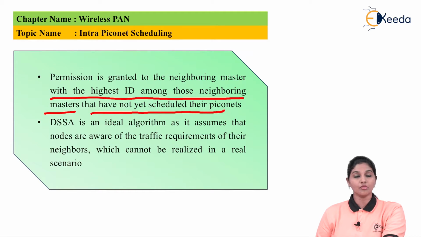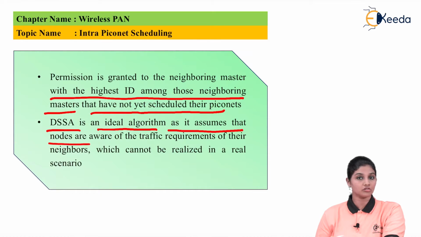After taking the permission, as we know, the scatternet is the combination of various Piconets. For example, if 4 Piconets form one scatternet, the master having the highest ID number gets permission for scheduling its Piconet. DSSA is an ideal algorithm, as it assumes that the nodes are aware of the traffic requirements of their neighbors, which cannot be realized in a real scenario.